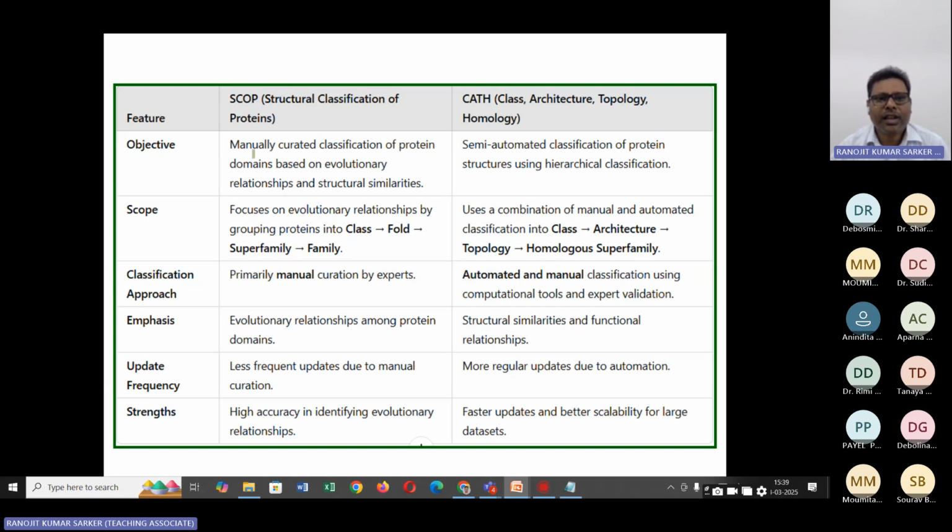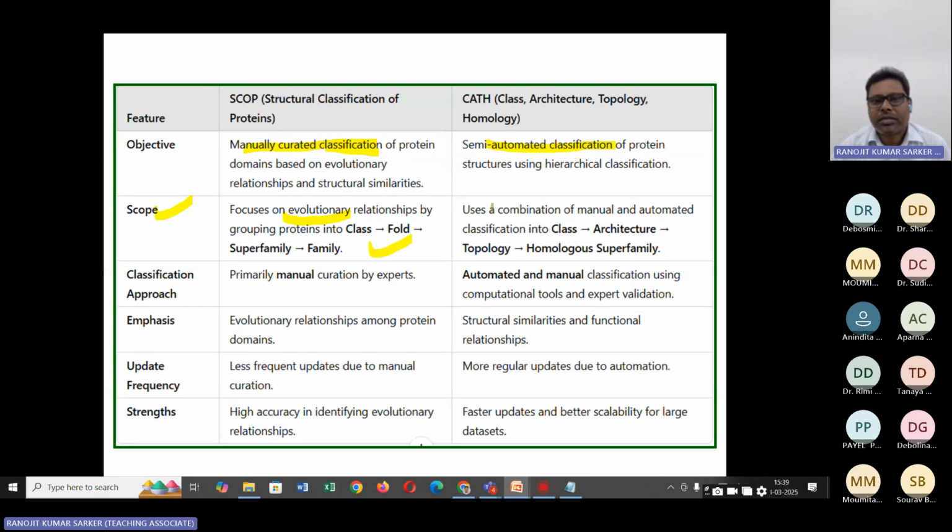SCOP is the manually curated classification. CATH is a semi-automated classification of proteins, right? Then what is its scope? SCOP focuses basically on evolutionary relationship, and accordingly they form the hierarchy.